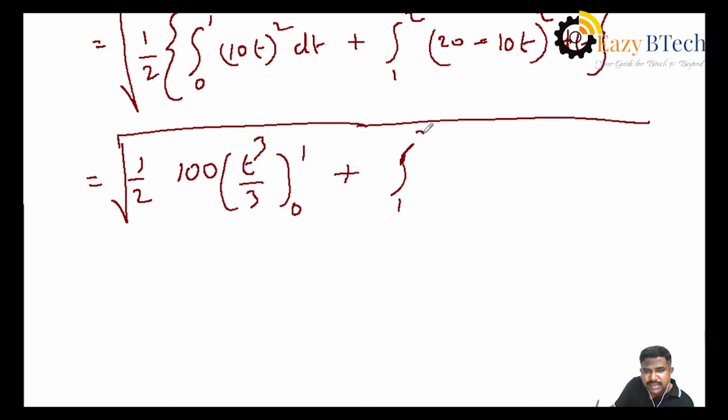Okay. First of all, expand the equation here: a square, minus b square, 2 into ab.